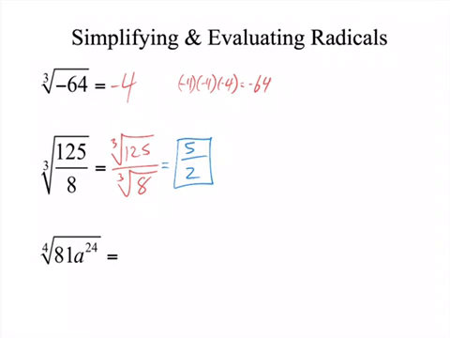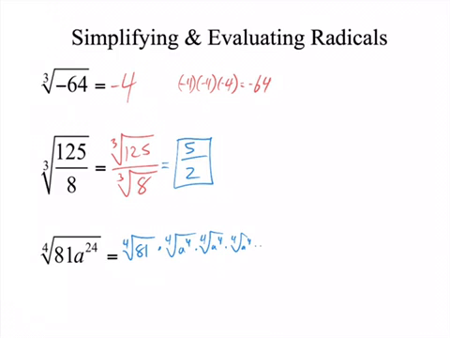So let's break it up into two unique fourth roots. I have the fourth root of 81 times, well, I want the fourth root of a to the fourth, because isn't that equal to a? How many of those do I need? 6 of them, because 24 divided by 4 is 6. So I've got to write a whole bunch of fourth root of a to the fourths.